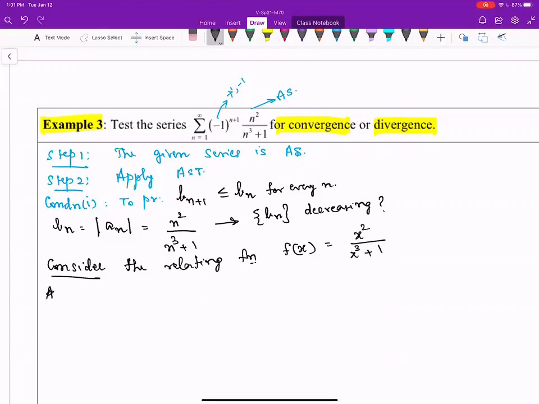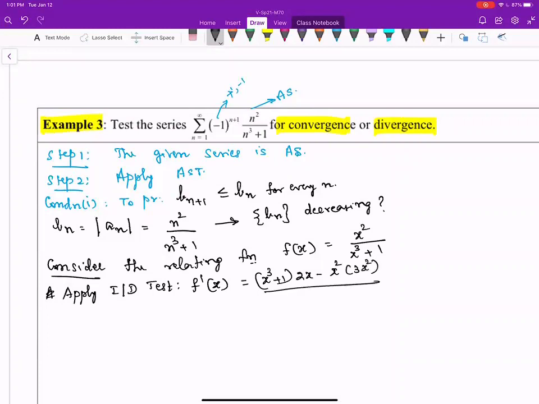So find out the derivative, apply the increasing decreasing test. For that, you will apply the quotient rule for the derivative. So it is denominator times derivative of numerator minus numerator times derivative of denominator, divided by denominator square.